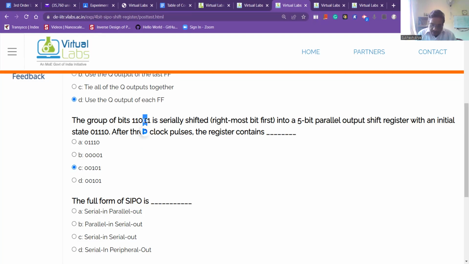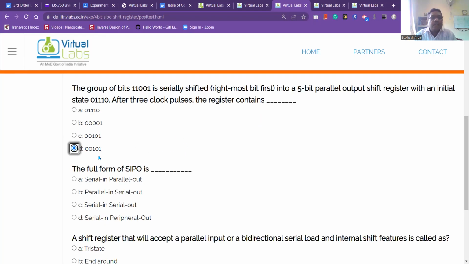So 0 is coming here, 1 is here, 0 is here, 1 is here, 1 is here, and the last one will go. And on the third, your 0 bit entered: 0 is coming here, 1 is here, 0 is here, 1 is here. So 0, 0, 1, 0, 1 will be the output.